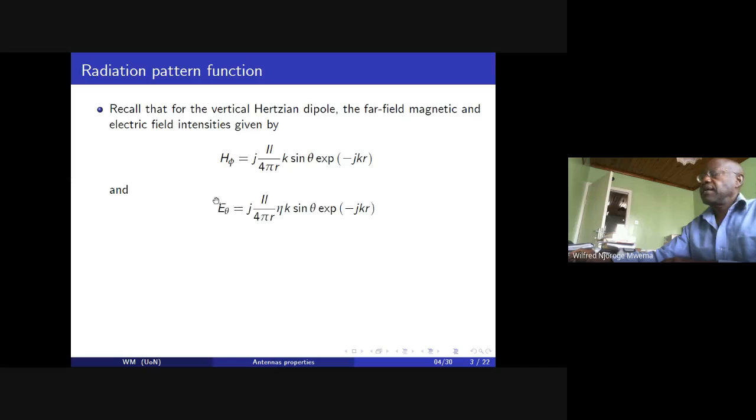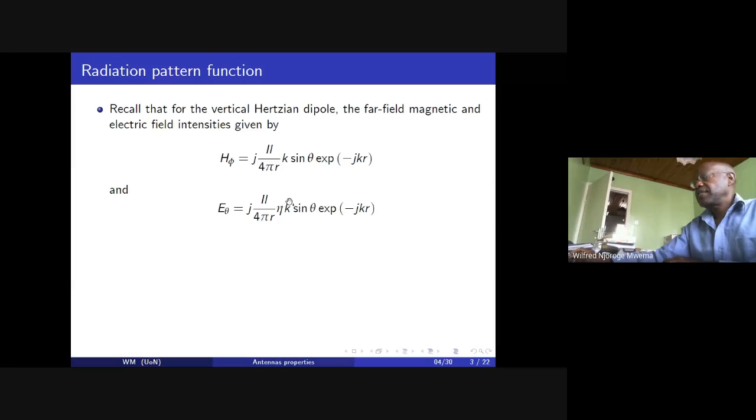And E theta, of course, was given as the curl of that H phi, that is z cross the H phi, multiplied by eta, and therefore we have the current element divided by 4 pi r, multiplied by eta, which is the intrinsic impedance of the medium in which the antenna is immersed, and multiplied by the propagation constant, and of course the sine theta exponent of minus j k r.